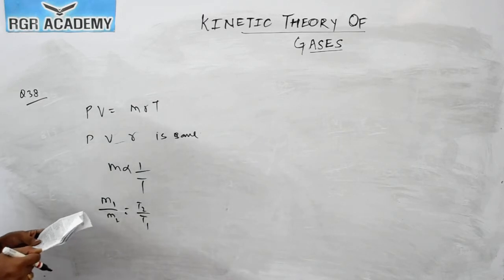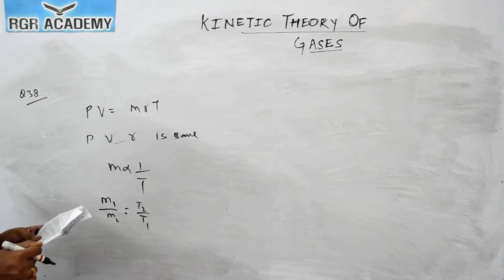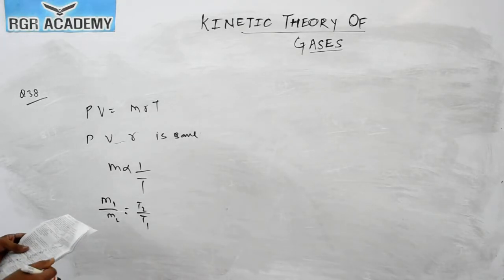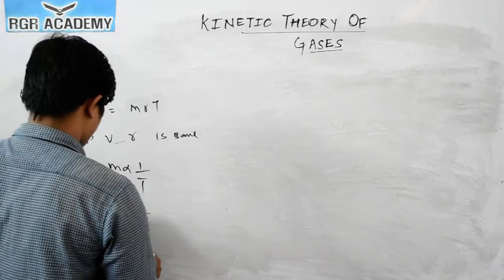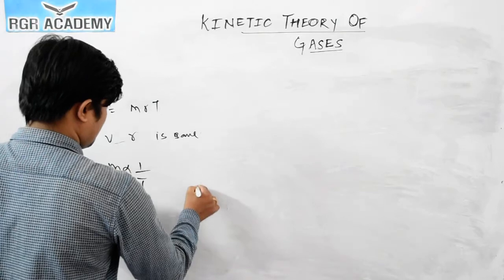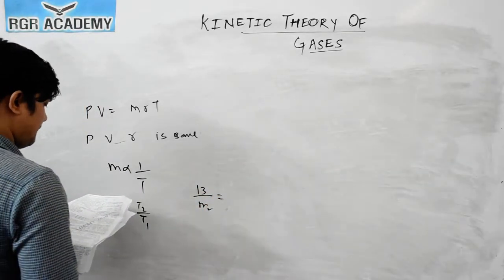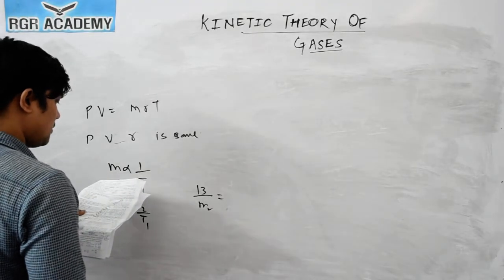So now 13 gram of ideal gas at 27 degrees Celsius and its temperature is raised to 52 degrees Celsius. So we can say that M1 is 13 divided by M2, we can calculate, and T2 is 52 degrees Celsius.